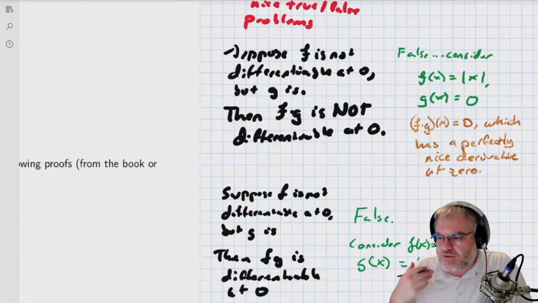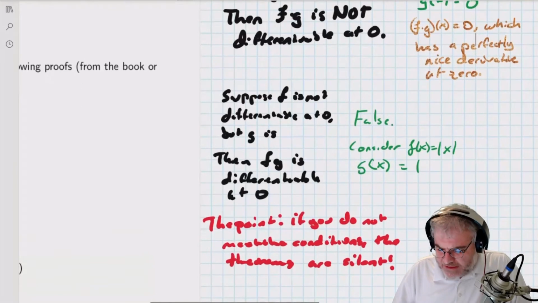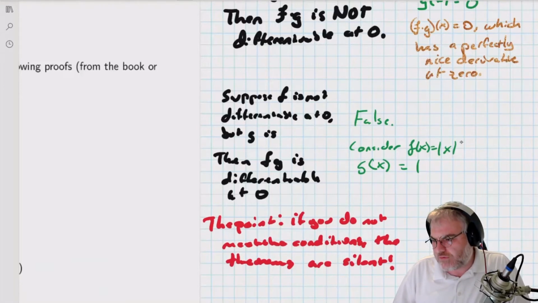So just because one of the conditions fails doesn't mean that you can conclude anything about the conclusion. And suppose f is not differentiable at 0, but g is, then fg is differentiable at 0. That is also false.